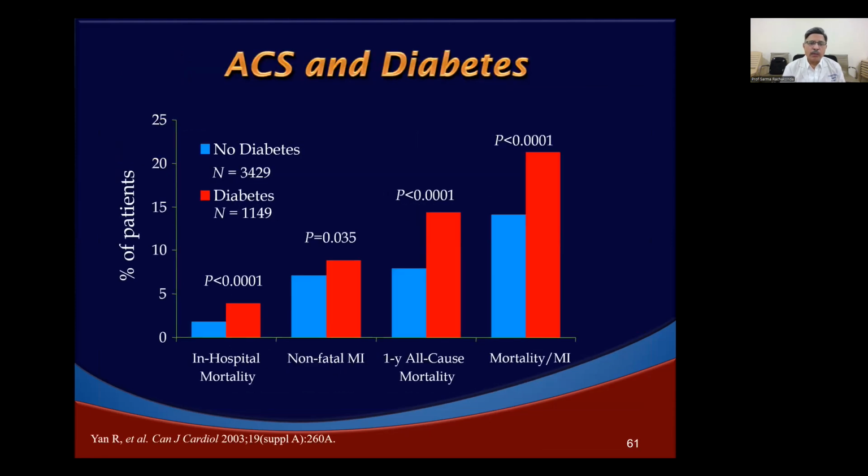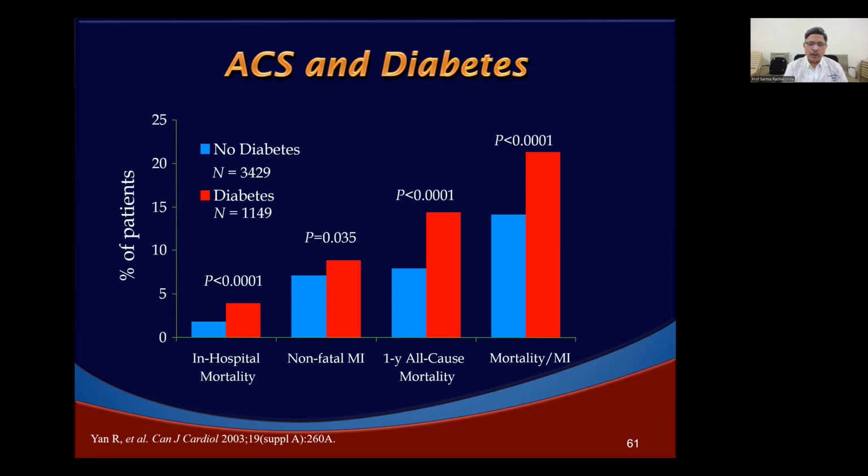Now, another most important predictive variable is diabetes. The moment somebody tells me over the phone that they have got an ST segment elevation myocardial infarction patient with them, the first question I put to them is, is he a diabetic? He or she a diabetic? Why? Diabetics have double the mortality. You can see in-hospital mortality, non-fatal MI, 1 year all-cause mortality, and mortality or recurrent MI, everything is more, almost double in diabetics compared to non-diabetics.